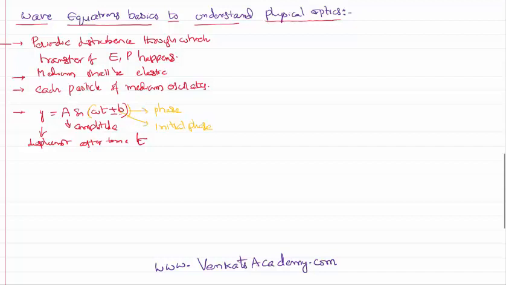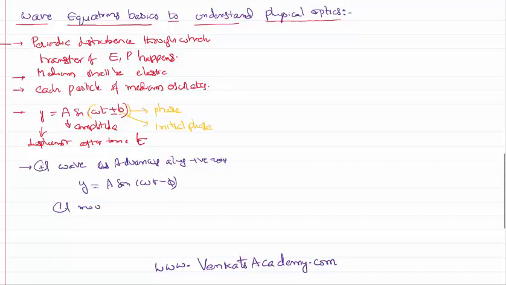Now, understanding this equation a little further, all these are learned in first year, I'm just briefing the basics only. If the wave is advancing along the positive axis, the representation is something like y equal to a sine omega t minus phi.